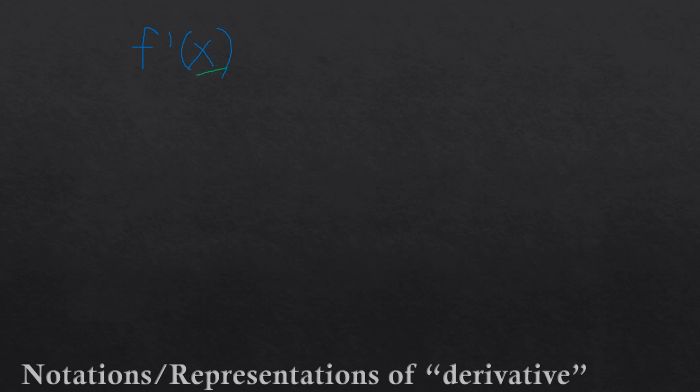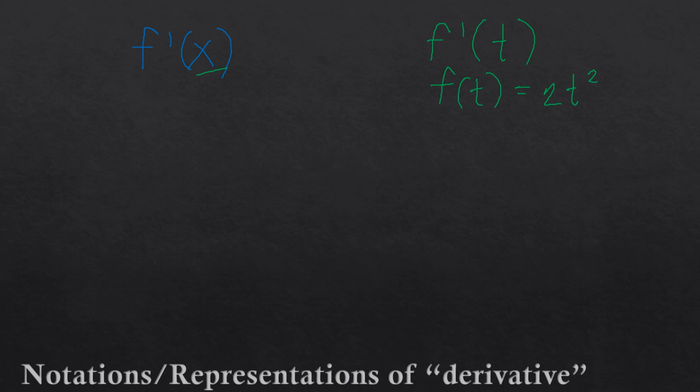The term with respect to x means that the variable being used is x. You can actually have f prime of t when you talk about with respect to t. So let's say, for example, you have f of t is equal to 2t squared. That is what we mean by a function of t. So when you get the derivative, then you're referring to the derivative with respect to t.